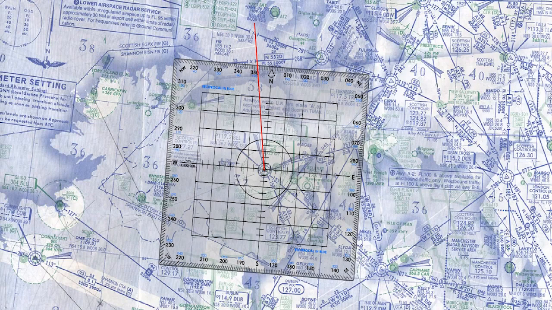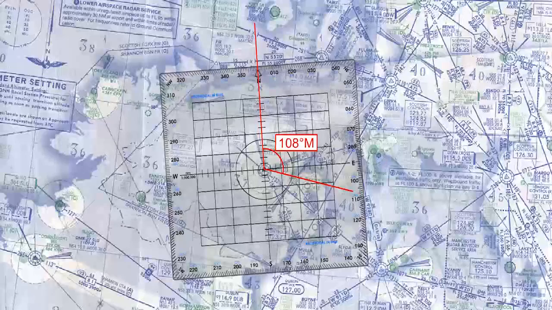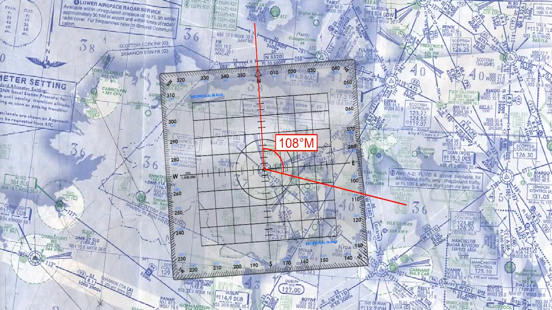A better method is to find the variation from the isogonals. Then use your protractor to plot the variation at the VOR using the nearest meridian as true north. You now have a magnetic north arrow, but a much more accurate one. You can plot the magnetic radial directly without needing to apply variation arithmetically.